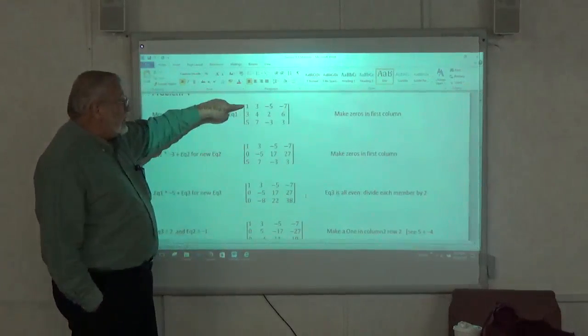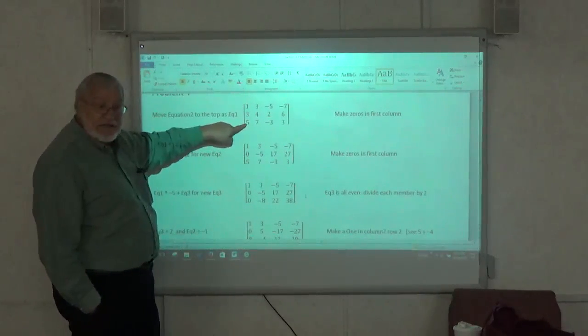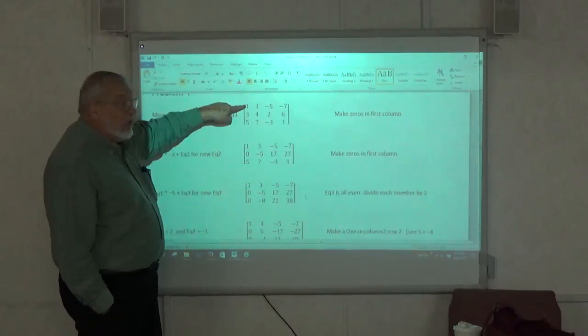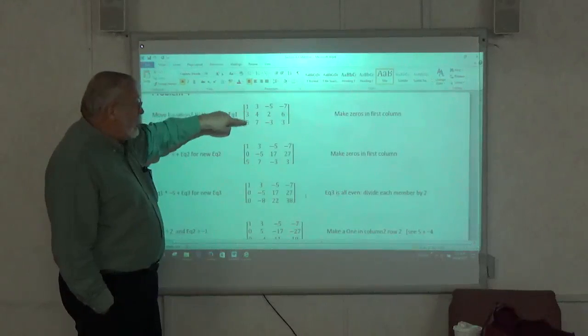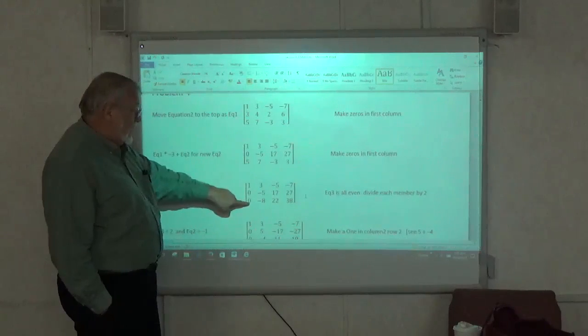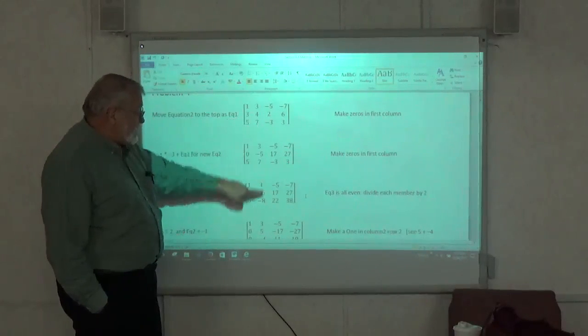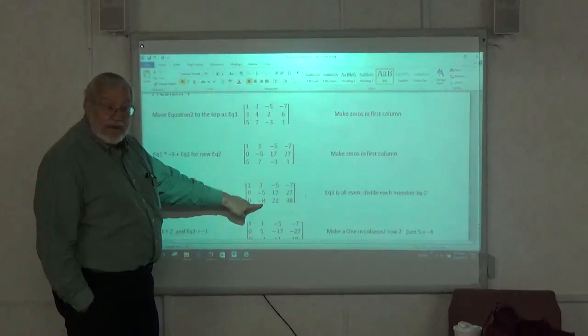And so what do I multiply this last row by to get to 0? What am I going to multiply the first row by so that I get a 0 here? -5. So that will be 1 times -5 plus 5, which is 0. And then it'll be 3 times -5, -15 plus 7, -8.